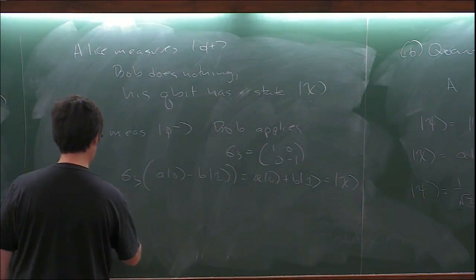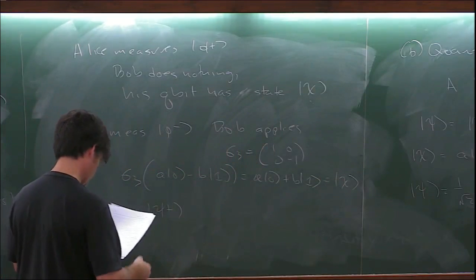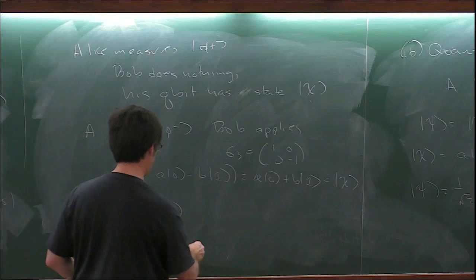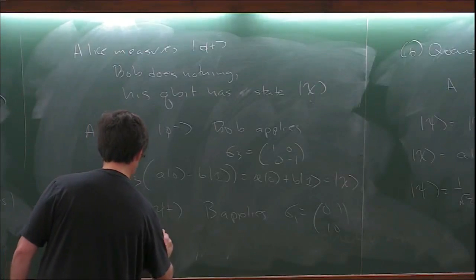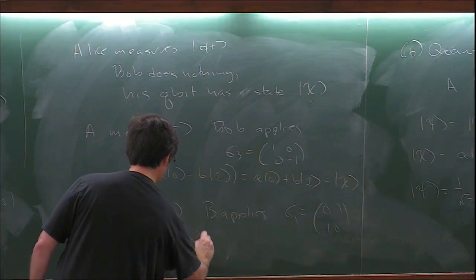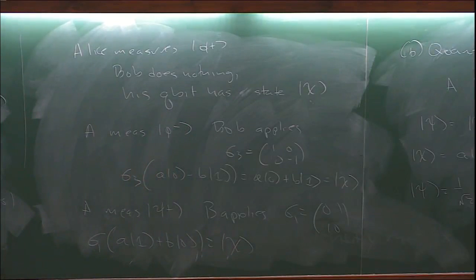If Alice measures psi plus, Bob applies sigma 1, which is (0, 1; 1, 0). And indeed, sigma 1 acting on a1 plus b0 is equal to chi, because the job of sigma 1 is just to flip each bit, like so.